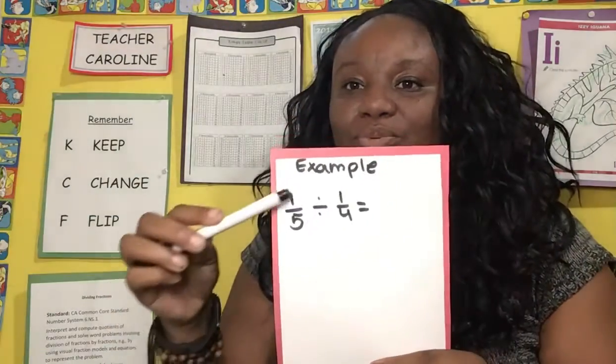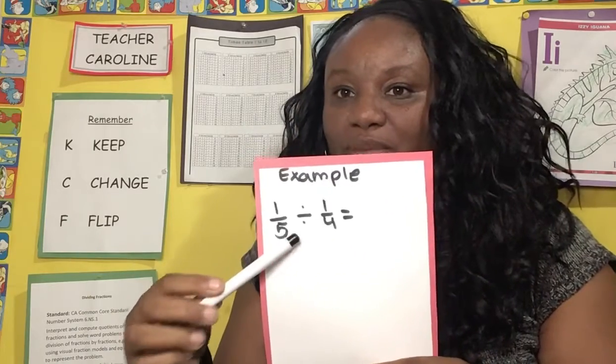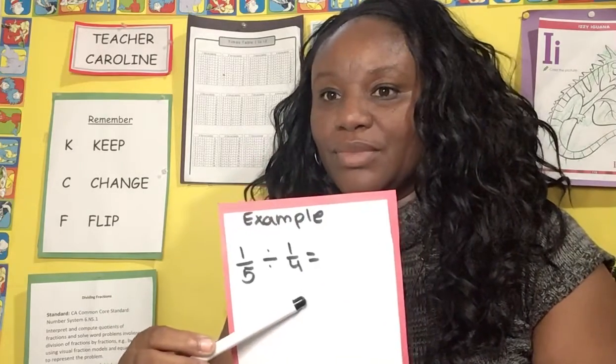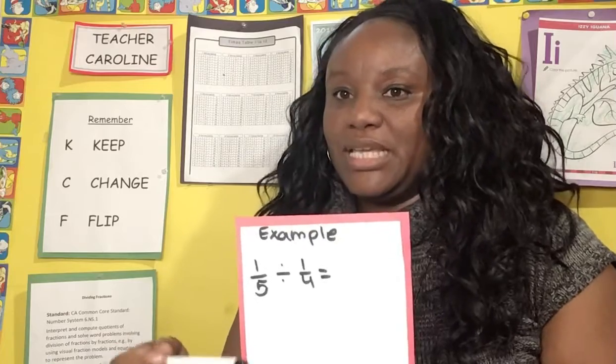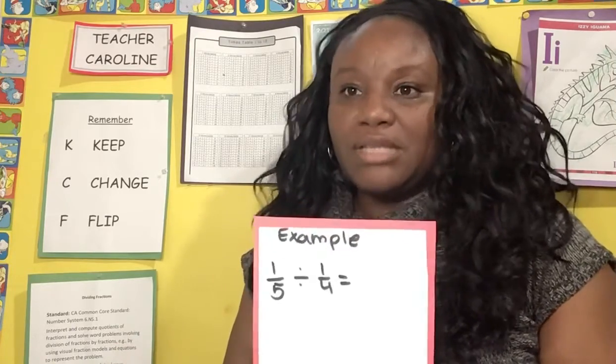Okay, we'll try another example. This one is 1/5 divided by 1/4. We're going to use the steps keep, change, flip to solve this.